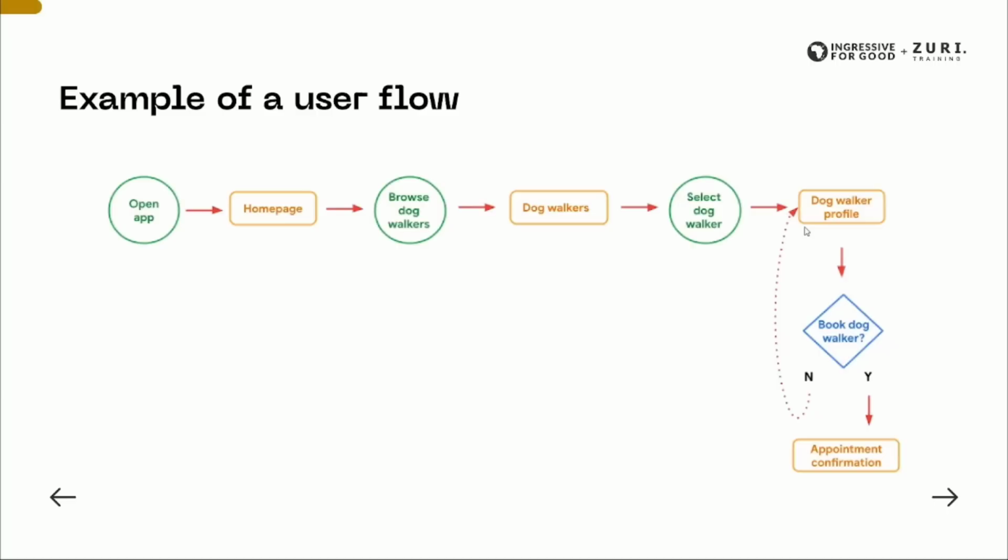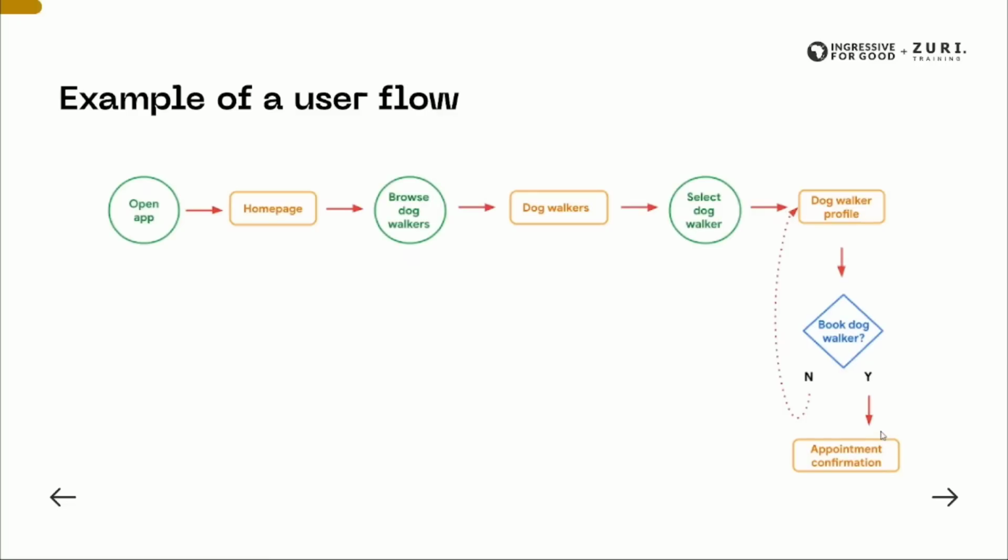Next up is the first decision the user has to make. This is a diamond. Here, the user must decide if they would like to book the dog walker whose profile they are currently looking at. If they decide to book, the user follows the yes arrow down to the appointment confirmation screen.